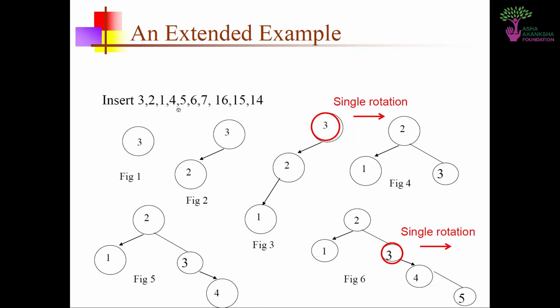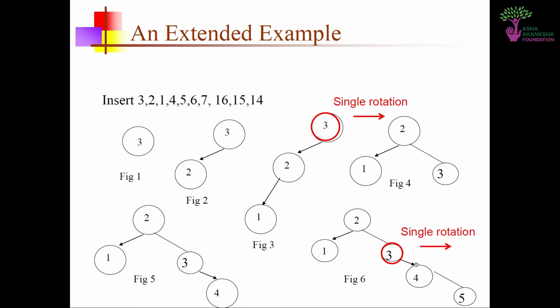Next we go to insertion of 4. We insert 4 to the right of 3 and AVL is being satisfied. So no problem. Then we insert 5. Inserting 5 was by normal BST rules: we insert 5 to the right of 4. But again, the AVL property is being violated here at node 3, because the right subtree has height 2, whereas the left subtree has height 0. So again, this is the case where the right child has another child to the right.